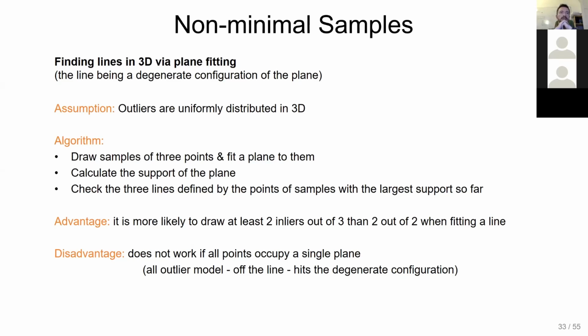In this case, any sample, even 3 points that do not lie on your line, if you model a plane, will always be the same plane where all the points lie. And this would be the example where an all-inlier sample actually randomly hits the degenerate configuration. So this is where this approach will not bring you anything. You'll be just sampling triplets of points instead of a single line.